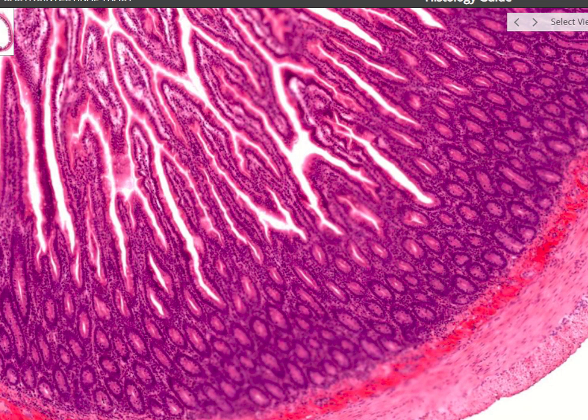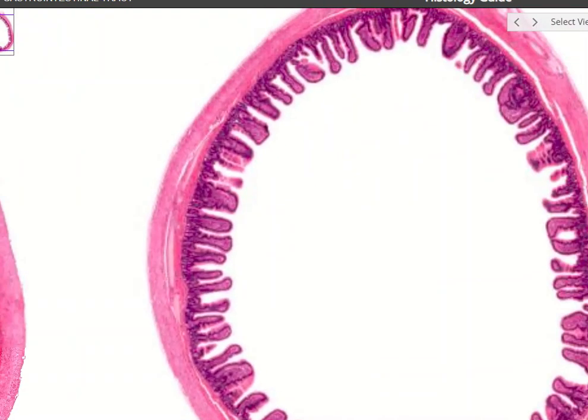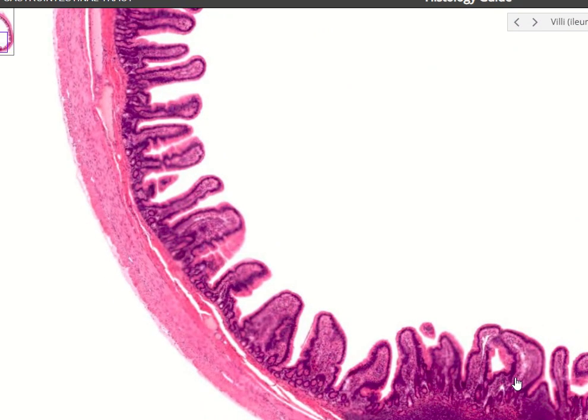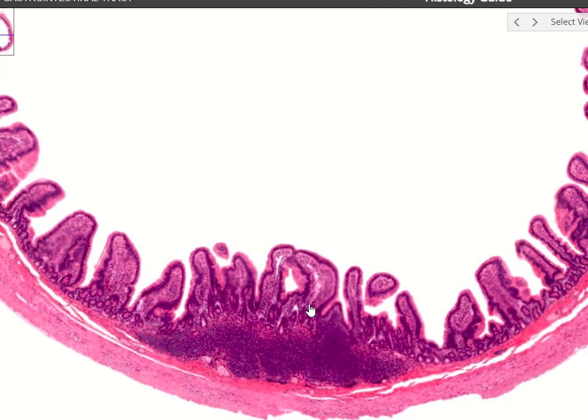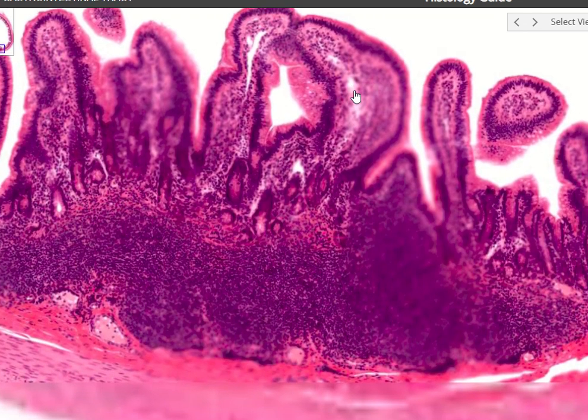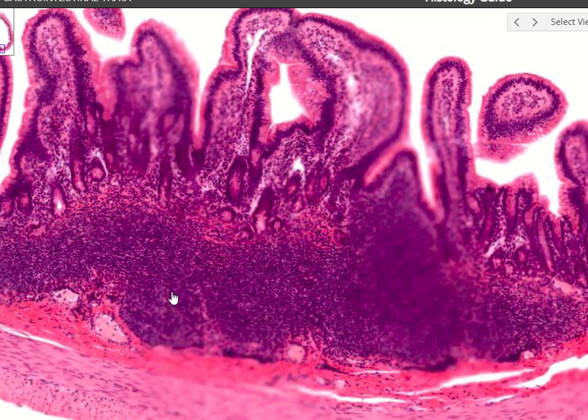Okay, so now we go to our ileum and we will zoom in. See how the villi are a little bit shorter, broader, and I think you can really see well on this particular section, boom, Peyer's patches, right? It's going to be filled with lymphoid tissue and MALT tissue. Okay.